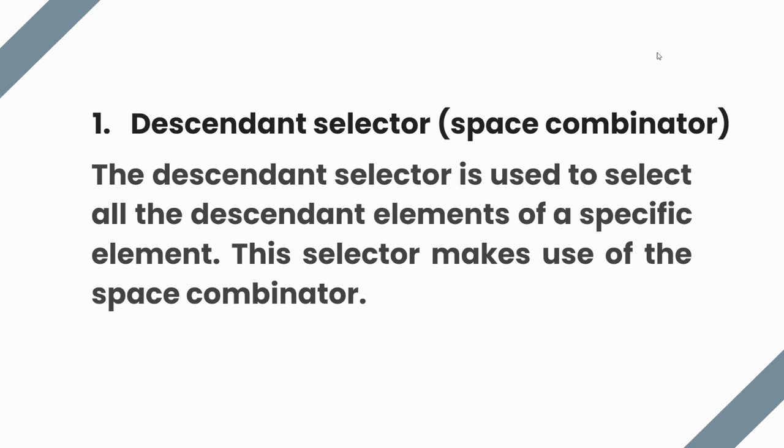By that we mean that the descendant elements do not necessarily need to be direct descendants, but as long as they are within the other element, it can select them through the space combinator. And this selector makes use of the space combinator in terms of how it selects the descendant element.